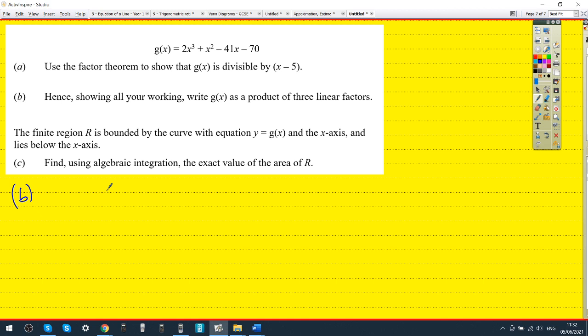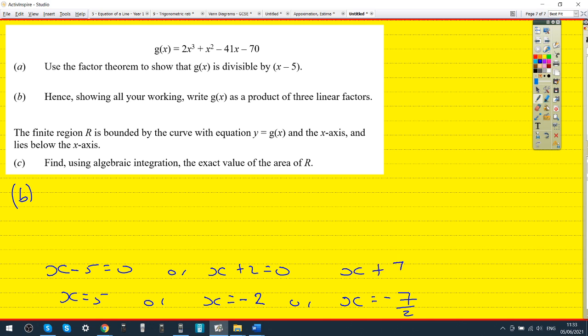And you get x can either be 5, minus 2, or minus 7 over 2. What do you do with those? Do you make them equal to x? Yep, make them like x minus 5 equals 0, x plus 2 equals 0, x plus 7 over 2 equals 0.